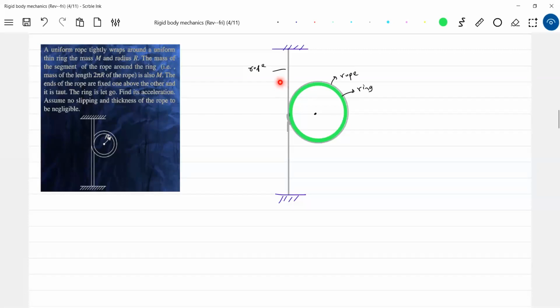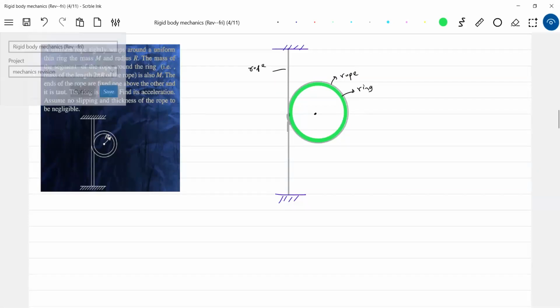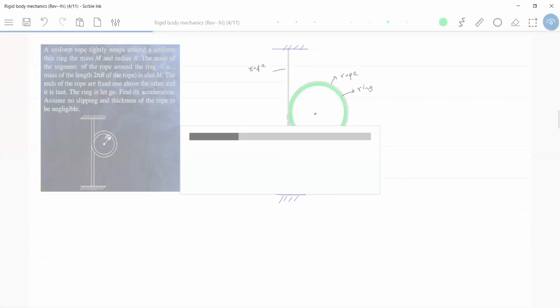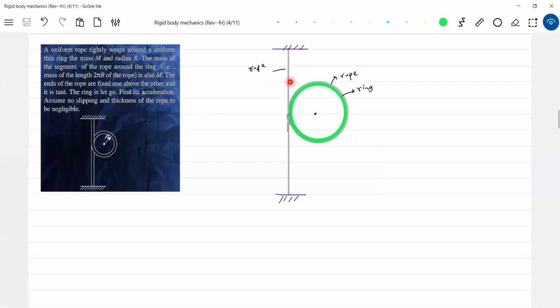Upper part of the rope will be taut. What about the lower part of the rope? Will also be, because the rope is on the thin ring and the mass of the segment of the rope around it is also m.